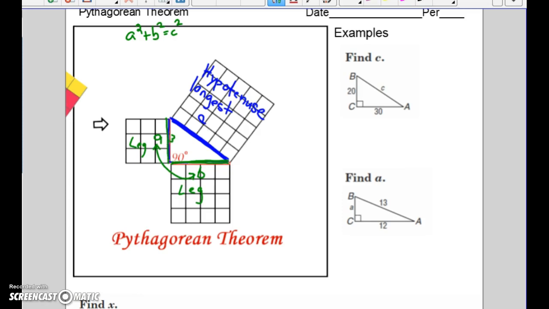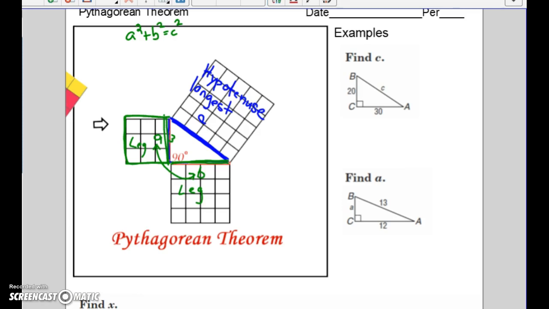Yes. All they did is create a box that's a 3 by 3. Because this is 3, I just created a square. The one on the bottom has how long? 4. So I created a square that has 4 blocks. If I take these two squares, the smaller two, and add them together, I get the same number of blocks here. That is what creates a 90-degree triangle.